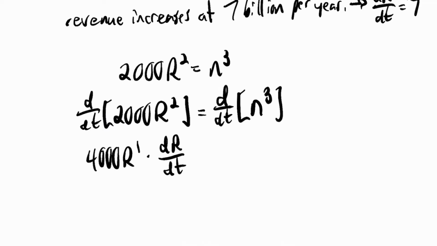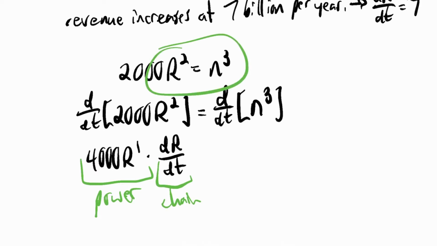It's the chain rule. And you're always going to be considering the chain rule. You might not always be doing the power rule. Just in this case, we are, because we have r squared and n cubed. But for this kind of problem, you're always going to be using the chain rule.